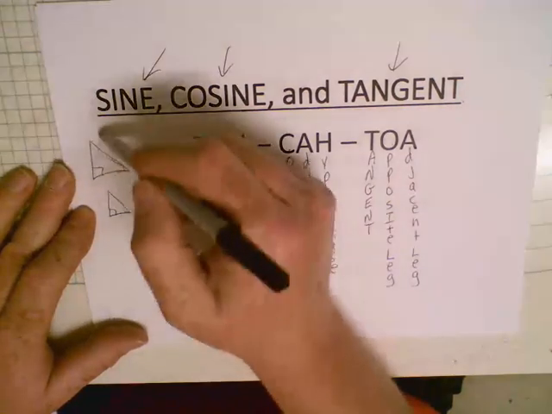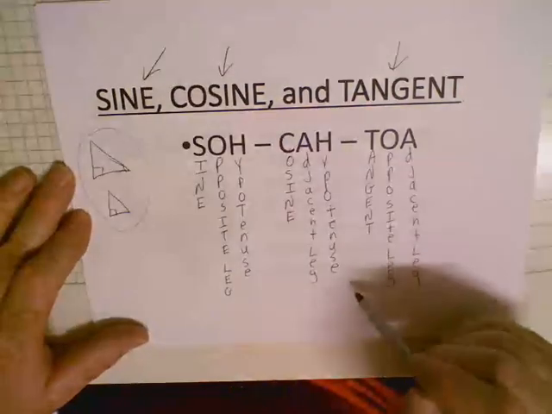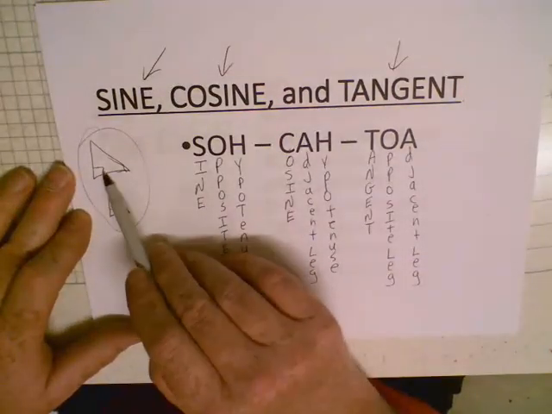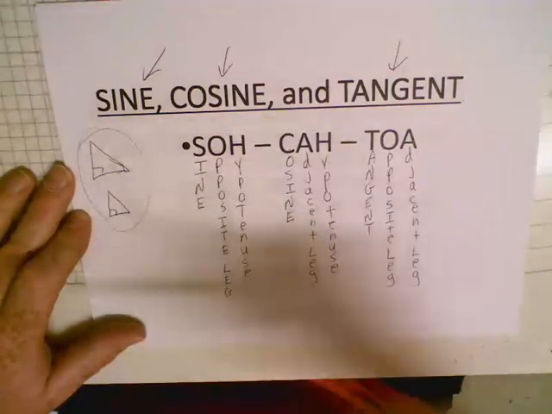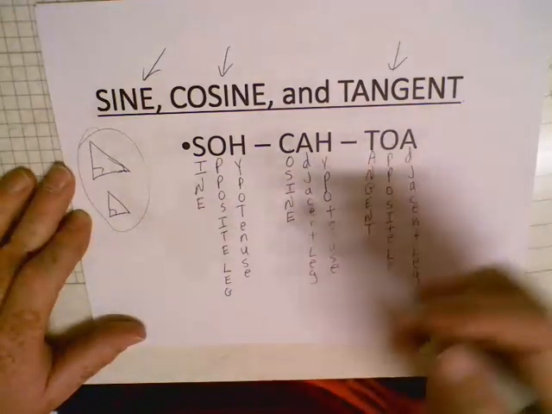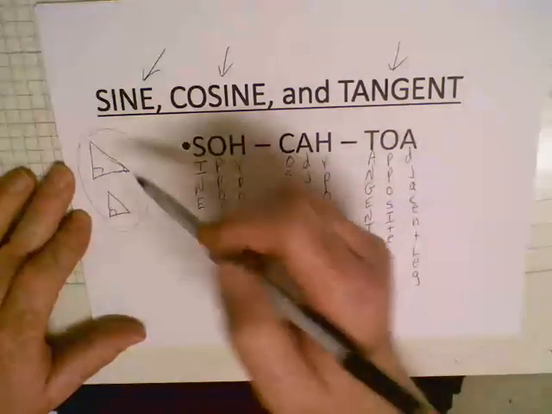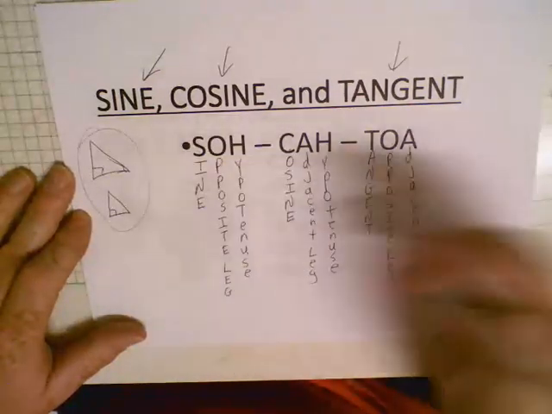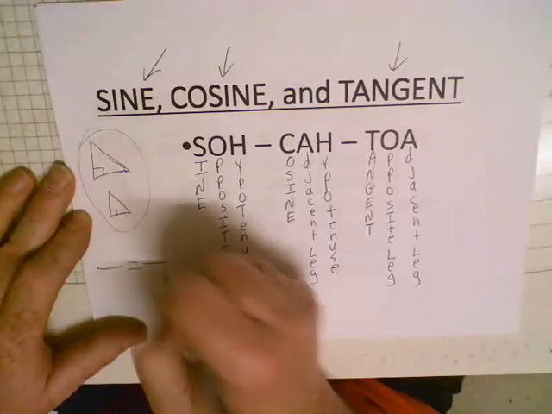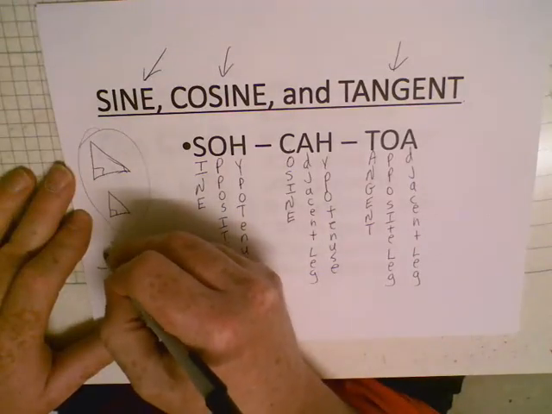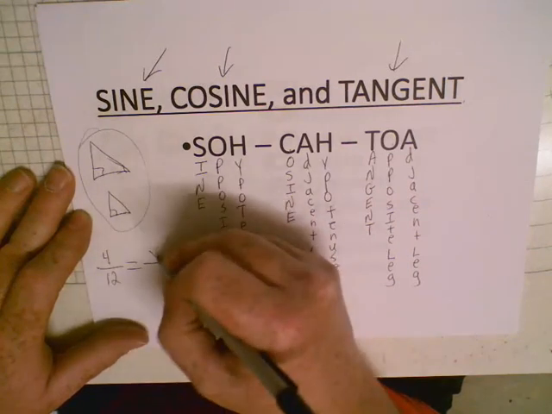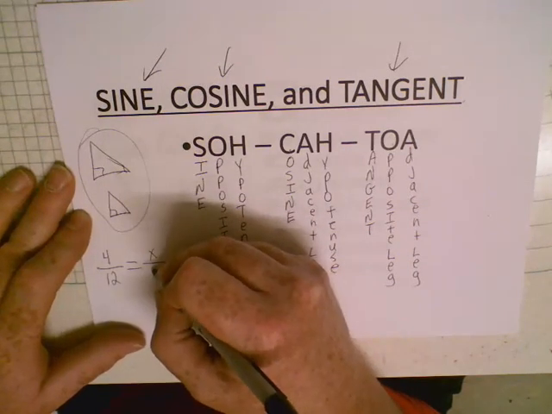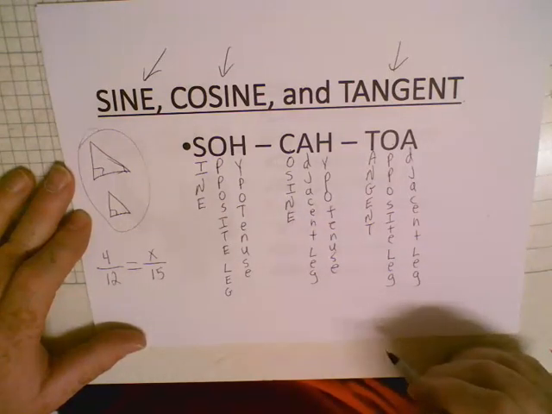Well, what somebody realized a long time ago is, if you have certain right triangles, there are always right triangles that are similar to each other. So they always have the same ratios when you match up the sides.